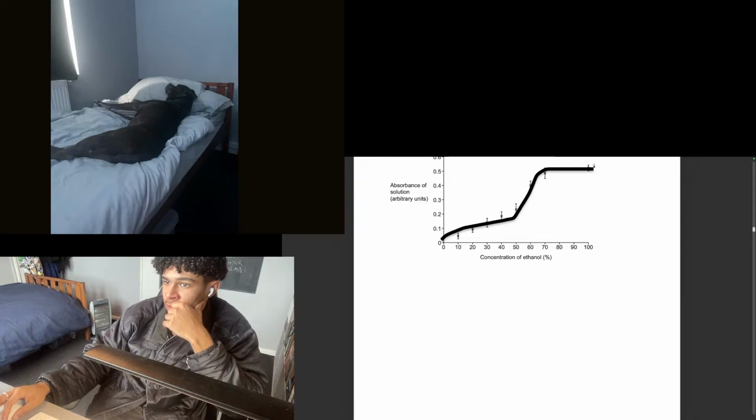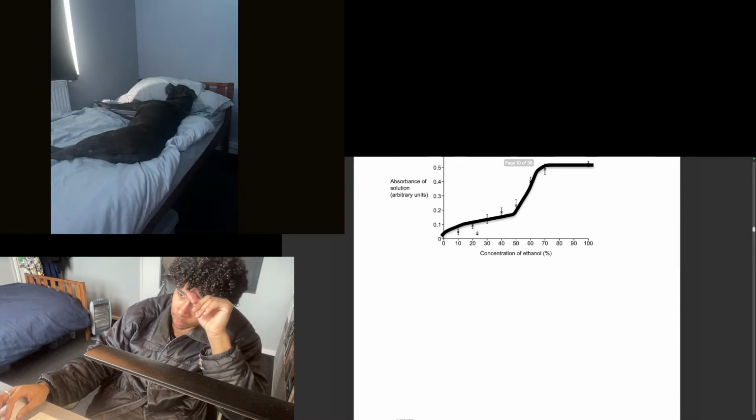Okay, so we know 3 is wrong. It's not completely disrupted as it gets further disrupted. So that's wrong. And now we're in a sticky situation, because technically it is proportional. It would just be K times something.